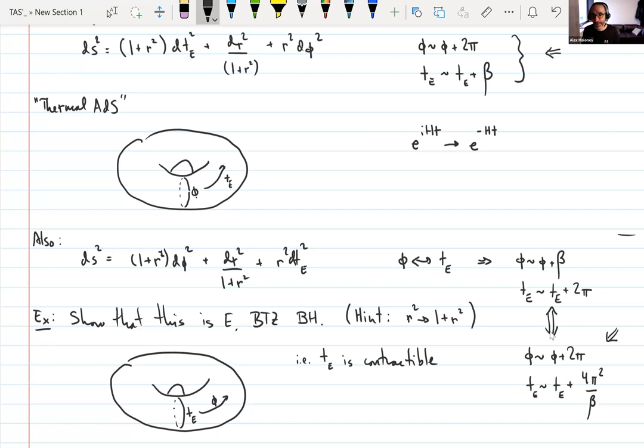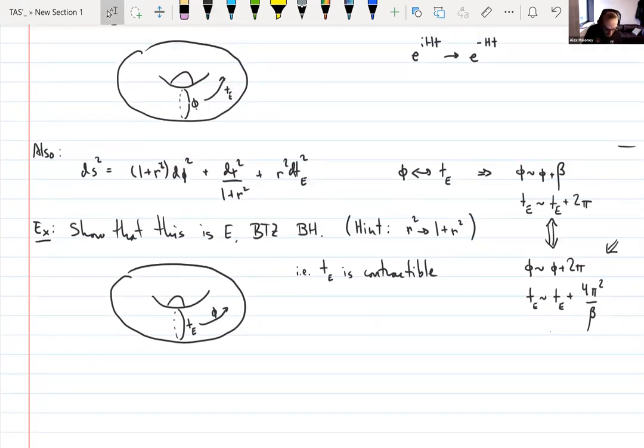Now, if you remember back to the first lecture, we already met a symmetry of conformal field theories that takes beta to 4 pi squared over beta. That is to say, it takes temperature to 1 over temperature. That was the modular transformation.